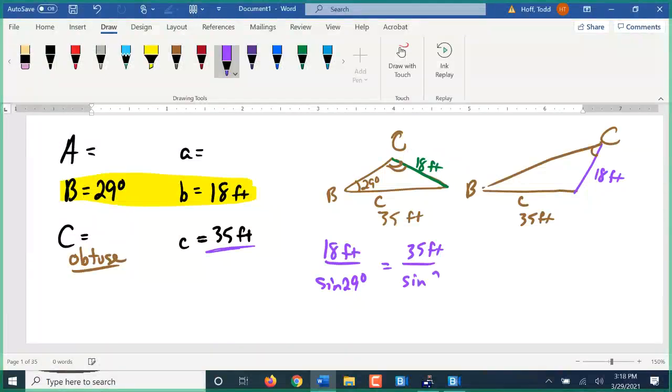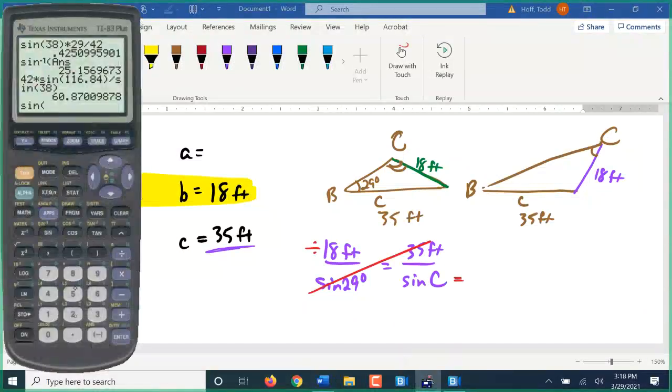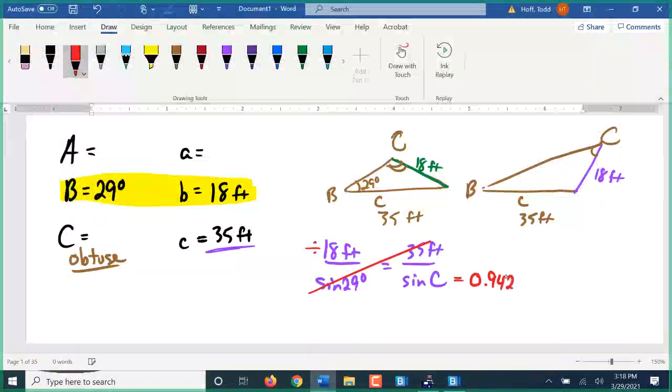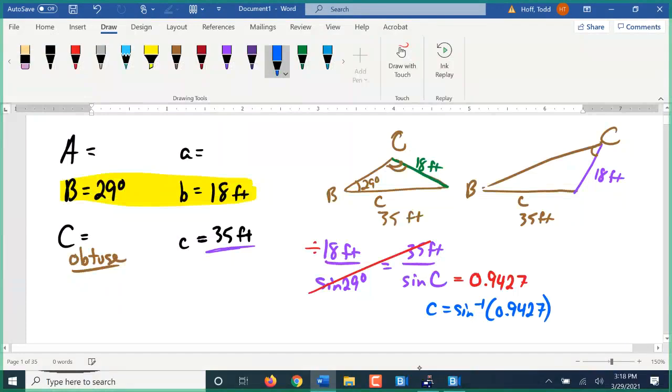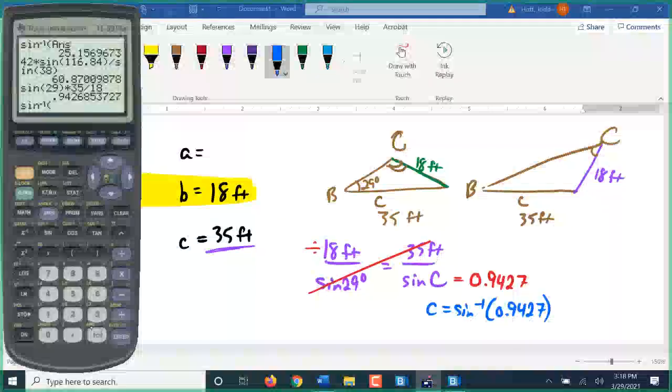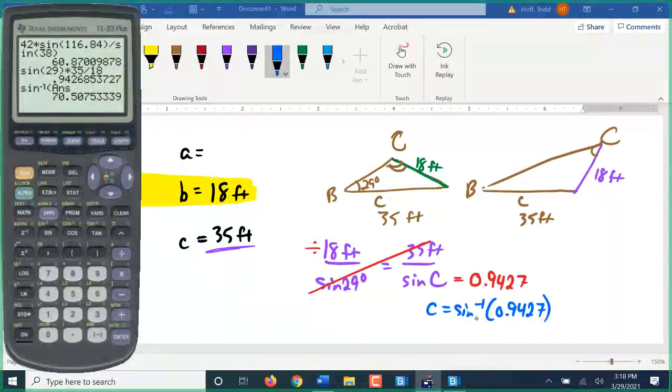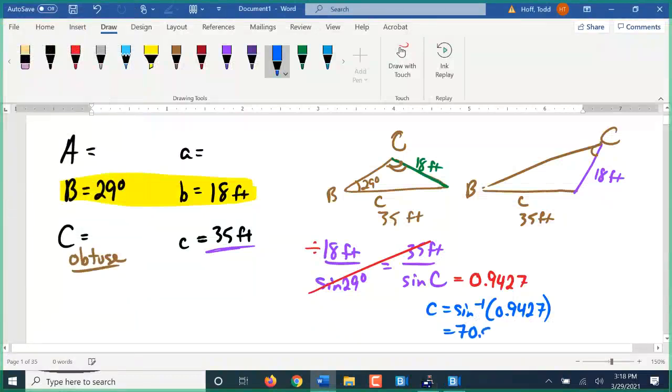Sine of C. Cross multiply and divide here to get the sine of C. So the sine of 29, close parentheses, times 35 divided by 18 gives us 0.9427. What's next? Inverse sine, good. 0.9427 gives us 70.51 degrees, yep. Is that my answer?